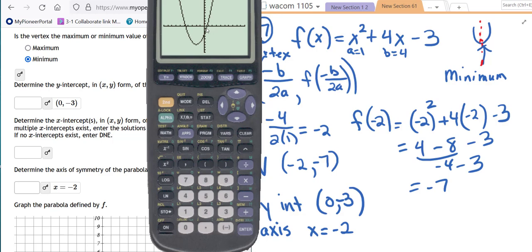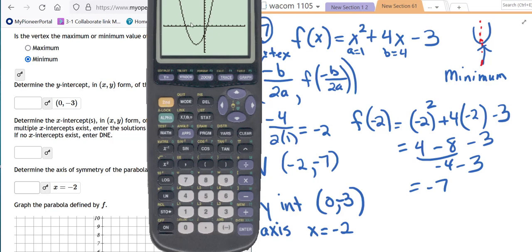Now, just looking at this, that is a little bit to the left of 1. So it's going to be some kind of fraction value, right? And it might be an irrational number, not just a fraction, but maybe a decimal that goes on and on and on. And so we're going to find those on the calculator a different way.